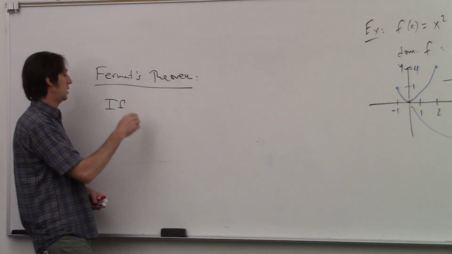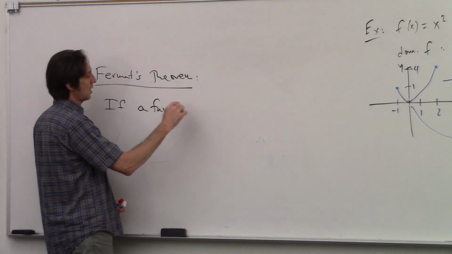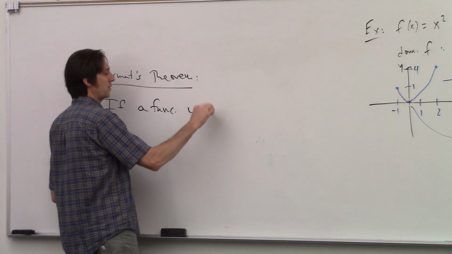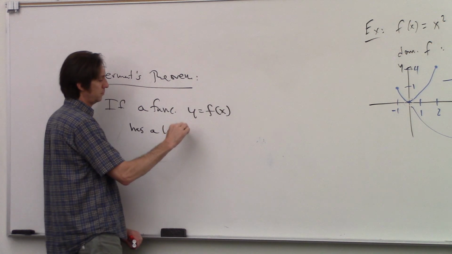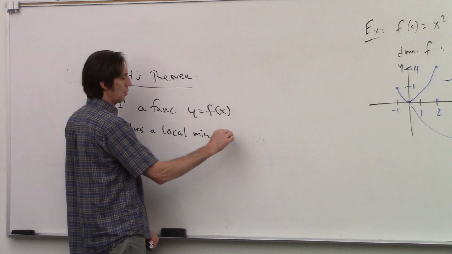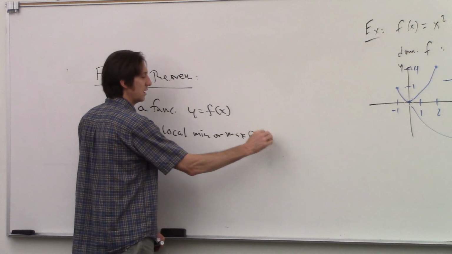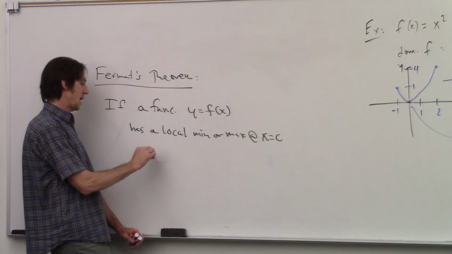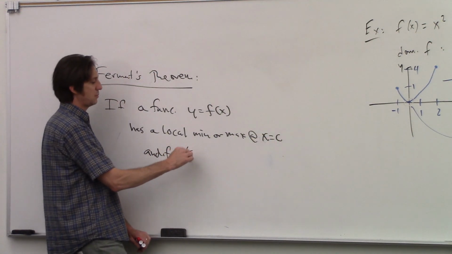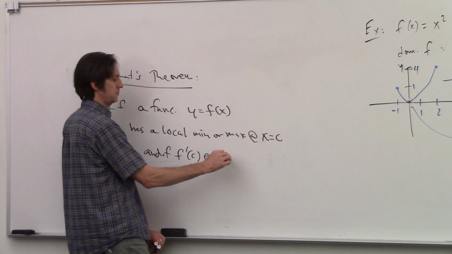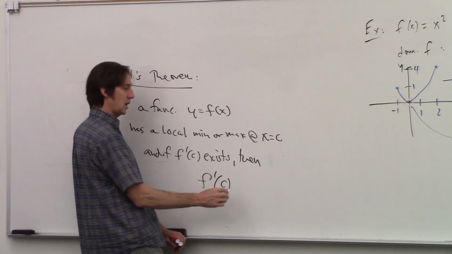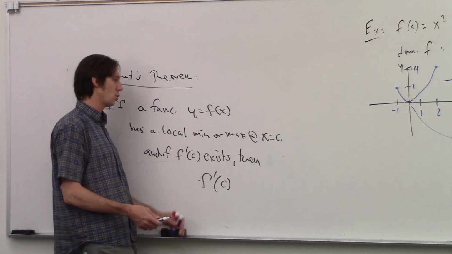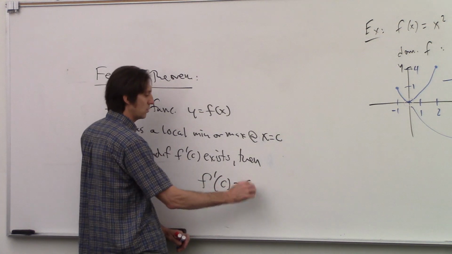If a function, let's call it y equals f of x, has a local min or max at x equals c, and if f prime of c exists, then the value of the derivative at this location, where I have either a local max or a local min, has to equal 0.